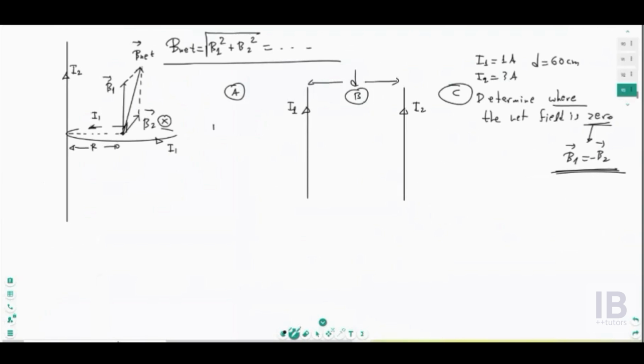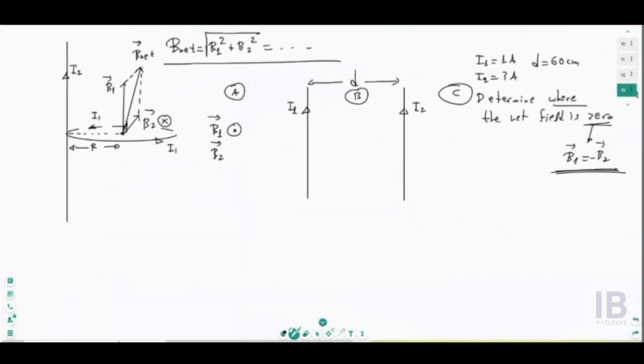Okay, let me show you this. Can you go and work region A first and tell me the directions of B1 and B2 out there? It would be into the page. Which one? For I1? B1. No, it is out of the page. I1 is going upwards.